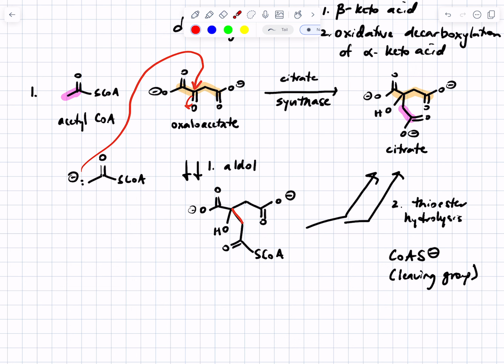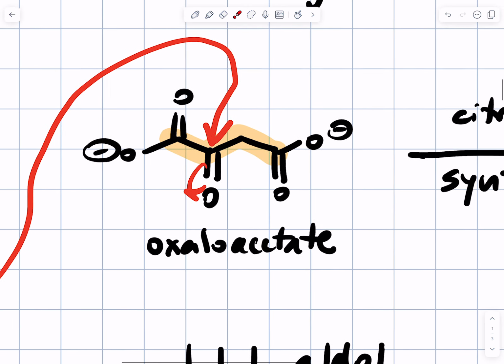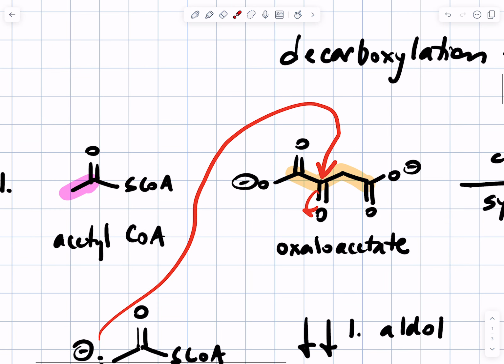Yes? On step one, how do you make it so that the oxaloacetate doesn't get the hydrogen removed? Wouldn't that hydrogen be more acidic? Yeah, so the question is, you've noticed, great noticing actually, that there is a proton that is alpha to 2 carbonyls. Wouldn't that be more acidic? And the answer is yes, absolutely.